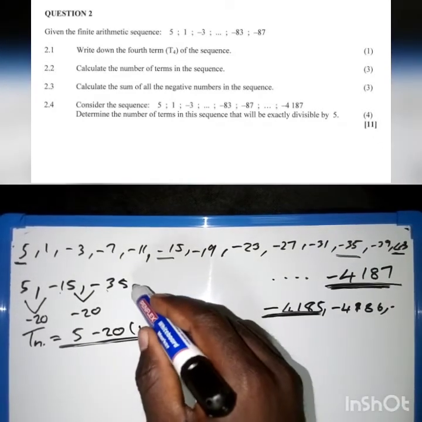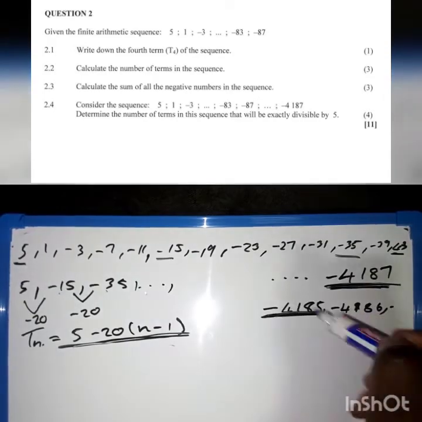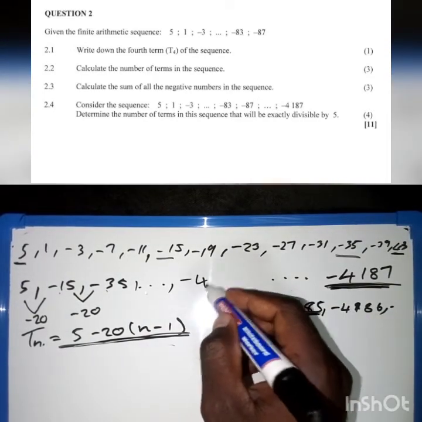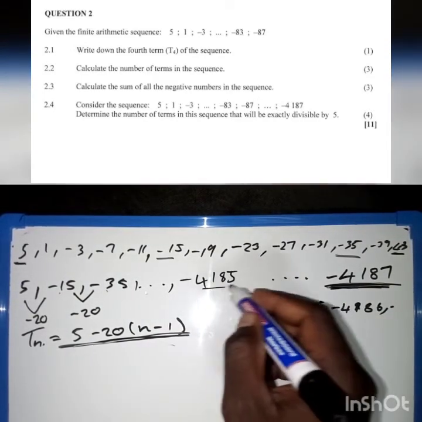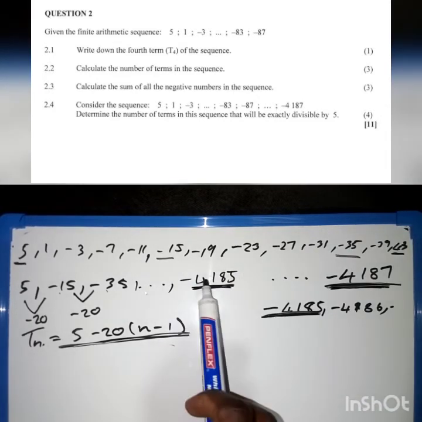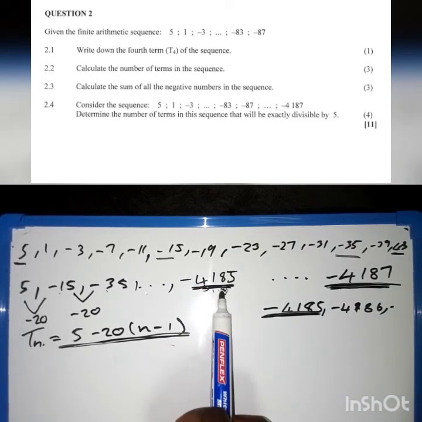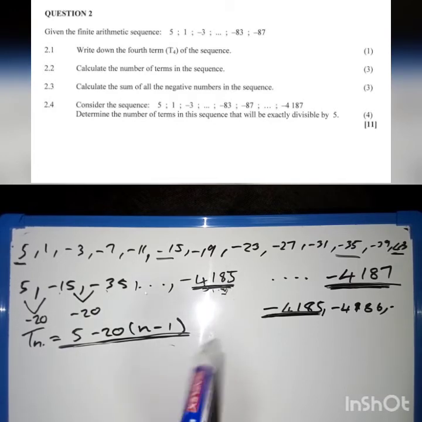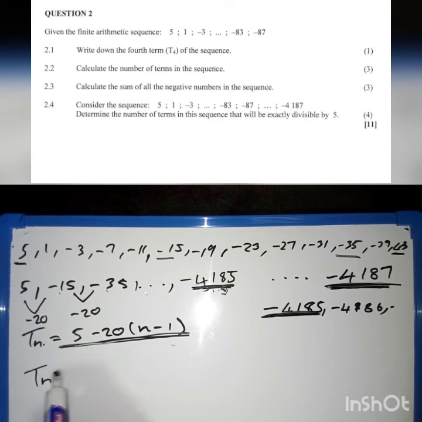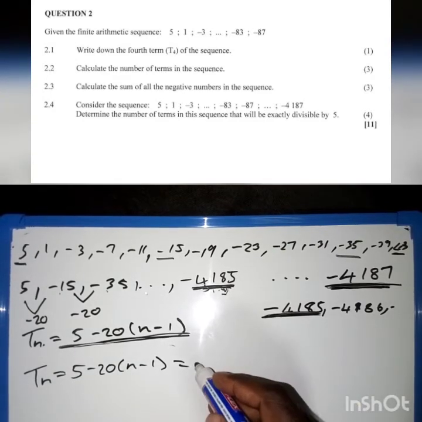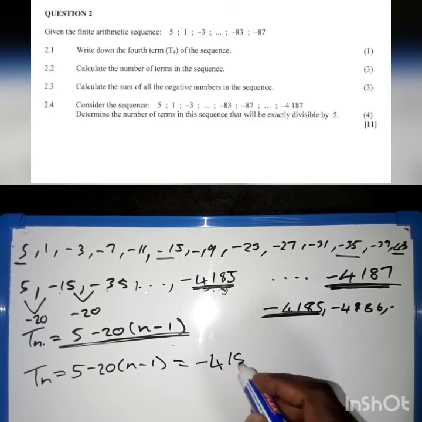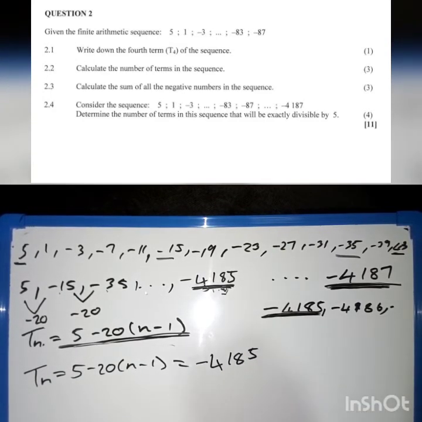So if I keep counting here, this will be -4185, somewhere here. Now I have to find what number term this will be, right? So the last one, I'll say Tn, 5 minus 20 times (n minus 1), will be equal to -4185, right?